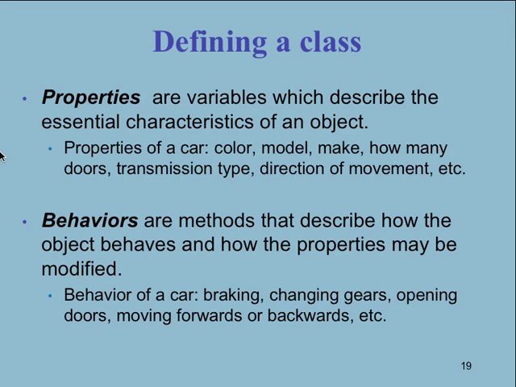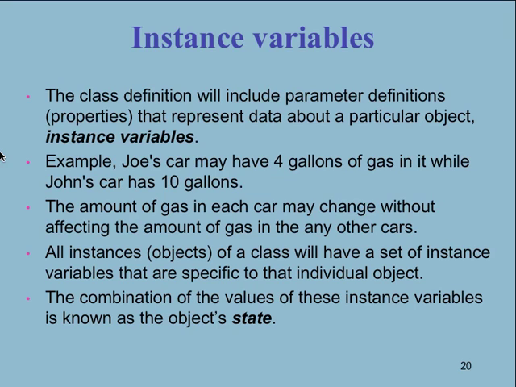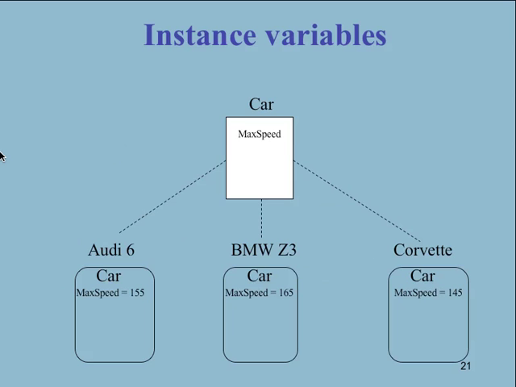So in terms of defining the class, we look at the properties and we look at the behaviors that are associated to it. And then we consider these instance variables. For each one of the instances of each one of these cars, what do we want to keep track of? Maybe the gas level, maybe the speed associated with how fast the car can go, maybe the number of doors, maybe some characteristic that we want to keep track of.